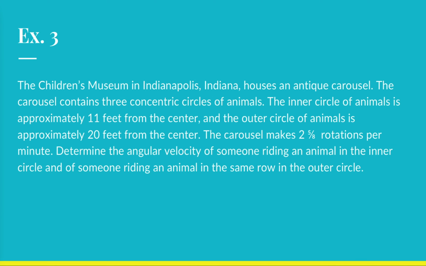So, angular velocity: 2 5/8 revolutions in 1 minute. 1 minute is 60 seconds, because we're usually going to do our angular velocity in radians per second. So minutes cancel out, and then we need 2 pi radians in 1 revolution. Revolutions cancel out, and we get an answer in radians per second.